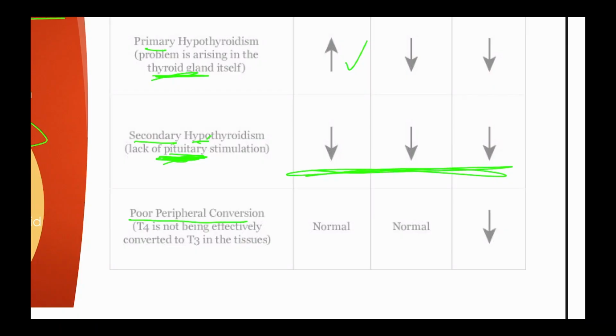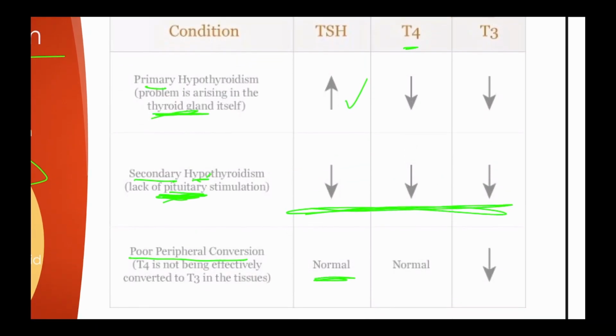If we have a problem with that conversion of T4 to T3 in the periphery, TSH is normal because the thyroid gland is still functioning normally. Here's your T4 level. T4 is going to be normal because you are producing the right quantities of T4. The problem comes when it gets to T3.